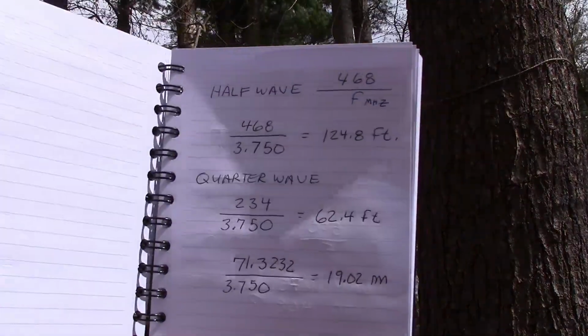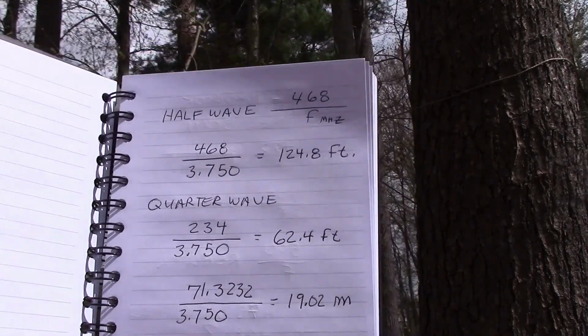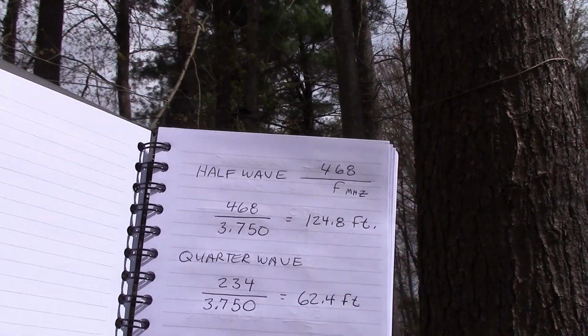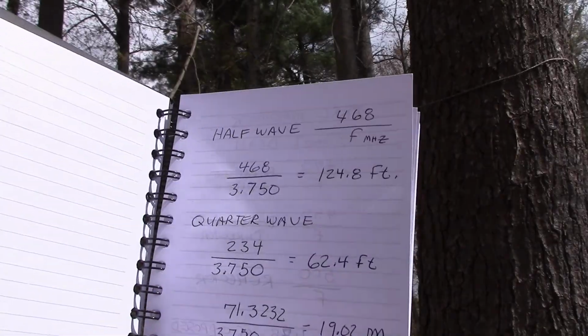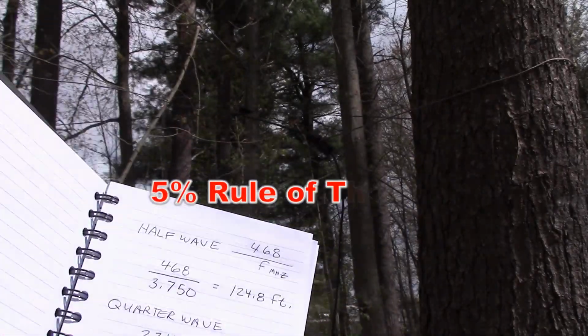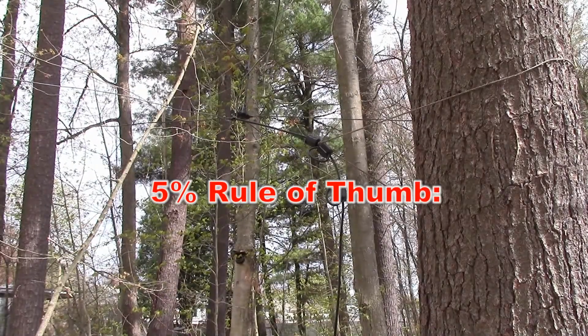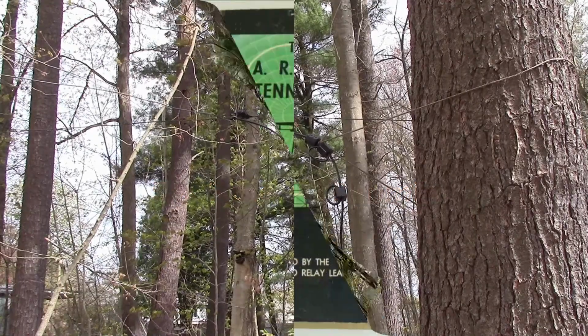You know, with the half-wave formula, it's 468 divided by the frequency, and then quarter wave is half of that. So you guys are all familiar with that. If you go to the Radio Amateur's Handbook, the antenna handbook.